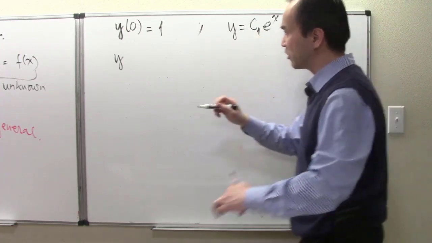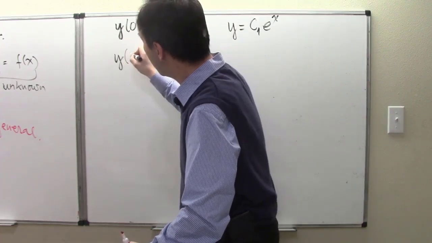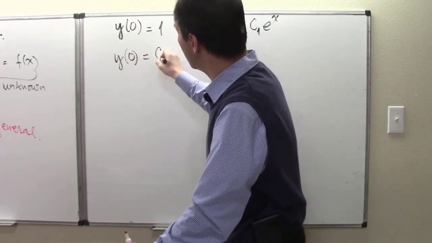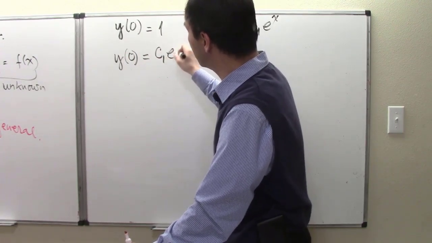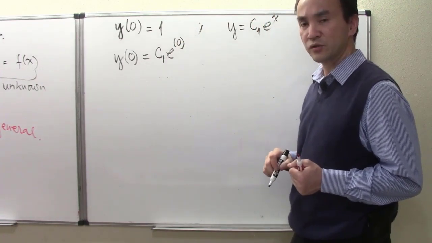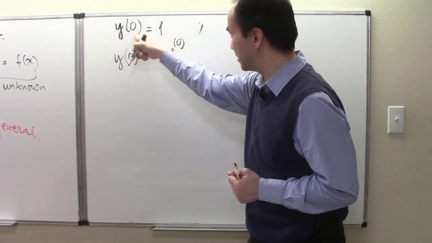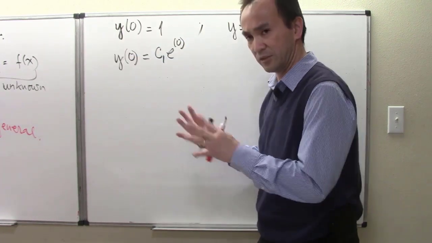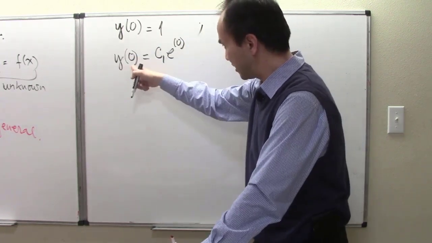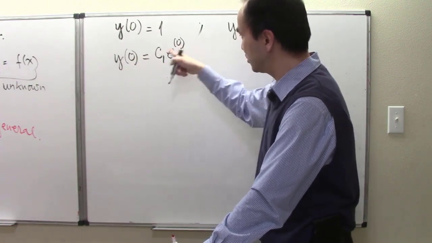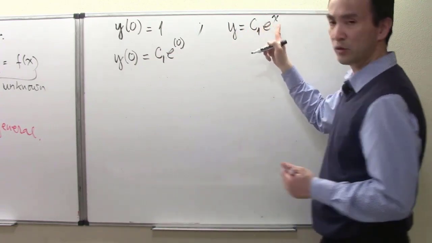So with this general solution, y of 0 is c1, still unknown, times e to the 0. All right. And y of 0 is given to equal 1 from the problem as the requirement. y of 0, on the other hand, equals c1 times e to the 0 because I substituted x equals 0 into the general solution that we found.